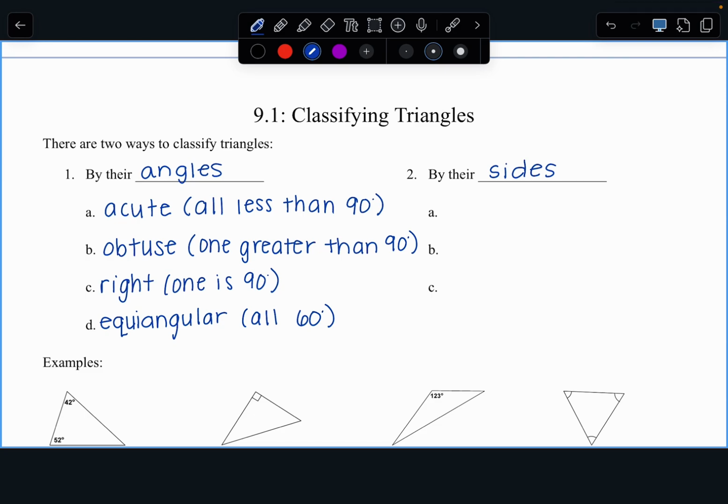When we classify triangles by their sides, there's scalene, isosceles, and equilateral.